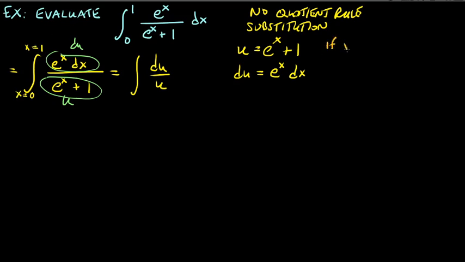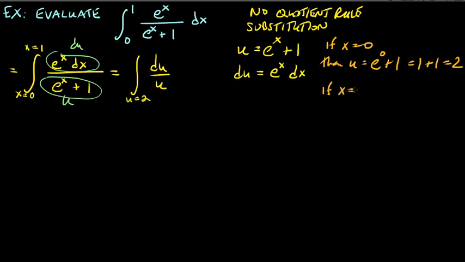So let's calculate the u's. If x is 0, then what's u going to be? It's going to be e to the 0 plus 1. But e to the 0 is 1, and 1 plus 1 is 2. So if x is 0, then u is equal to 2. Now, what about the upper limit when x is 1?